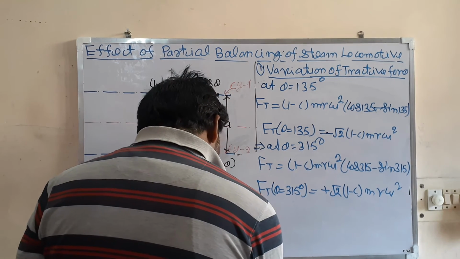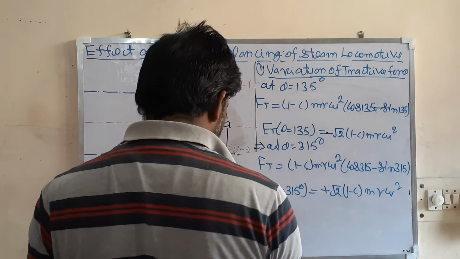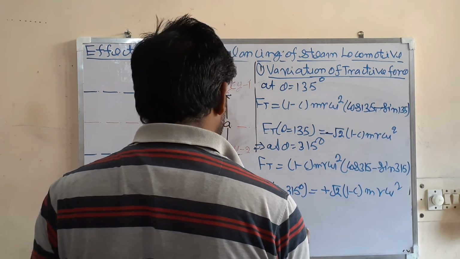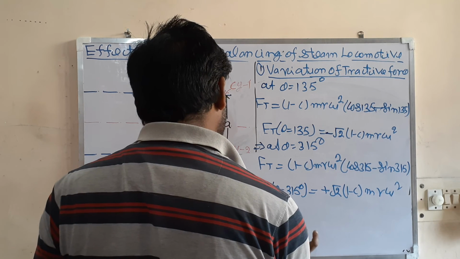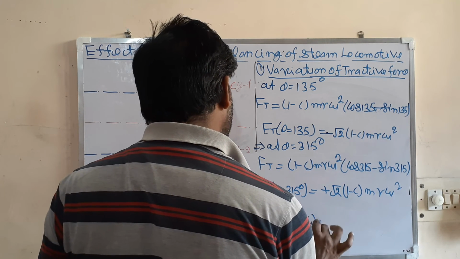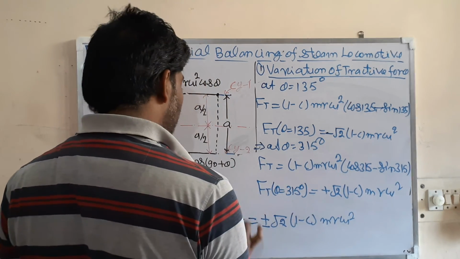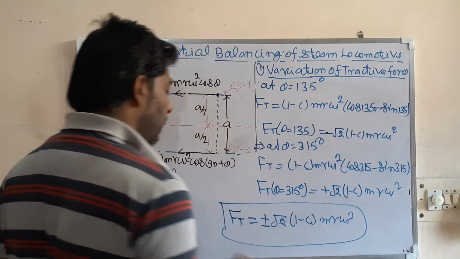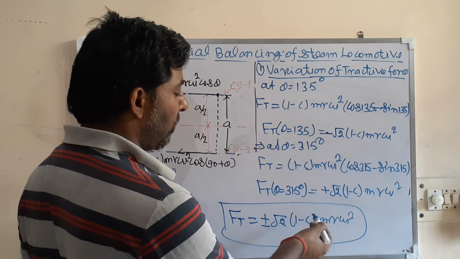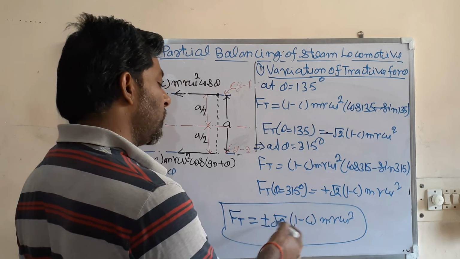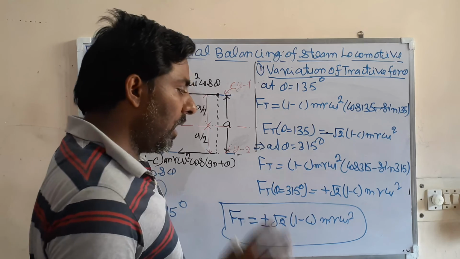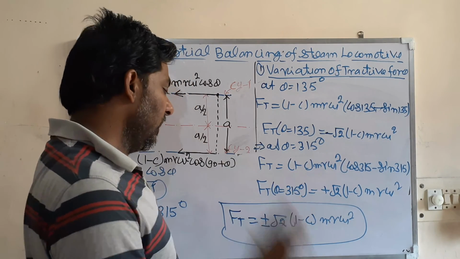So you can also write that the maximum variation of Ft is plus or minus root 2 (1 − c) m r omega square. They vary from minus root 2 (1 − c) m r omega square to plus root 2 (1 − c) m r omega square, and other values lie in between these two.